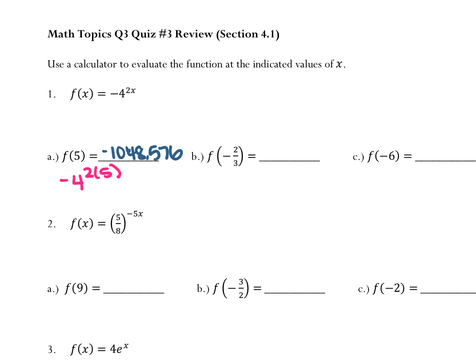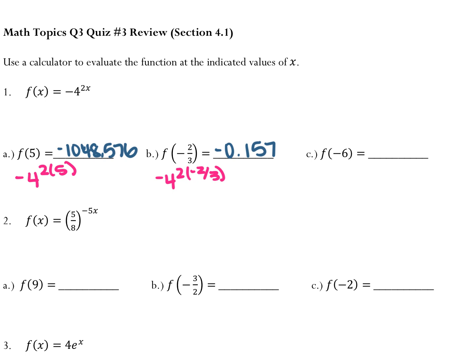For B, you have f of negative 2/3, so that's going to be negative 4 to the power of 2 times negative 2/3. So again, just use your calculator. You should get, but these are going to round to 3 decimal places if you have a decimal, so that's negative 0.157.